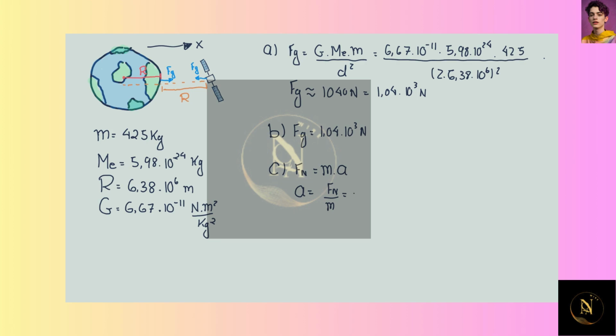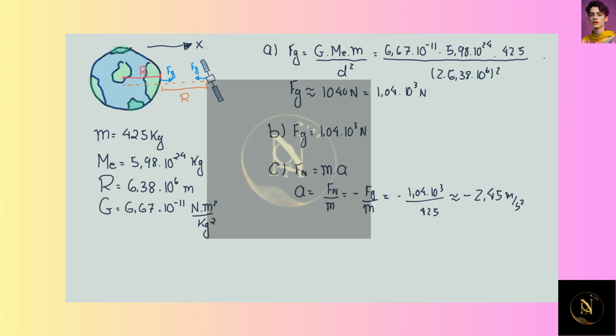Then, we have minus the gravitational force divided by the mass of the satellite, and this is minus 1.04 times 10 to the third divided by 425, which results in an acceleration of approximately minus 2.45 meters per second squared. Note that the minus sign indicates that the satellite is being accelerated to the left.